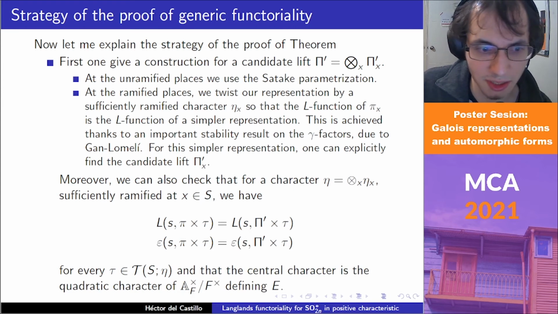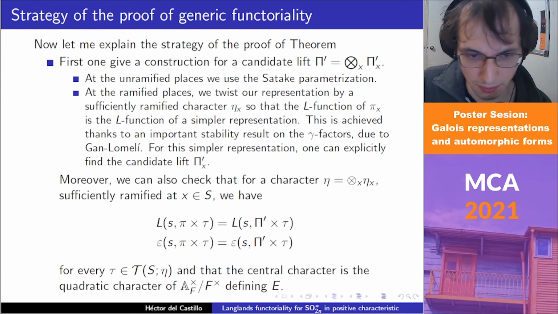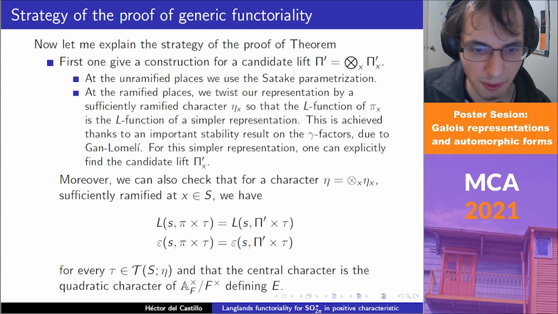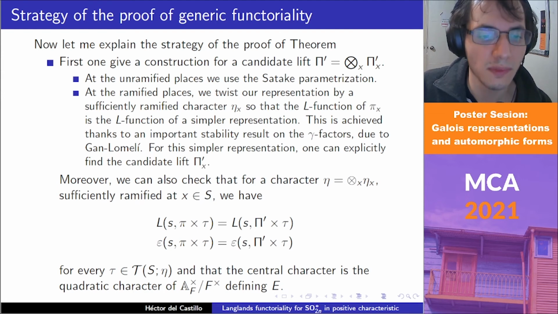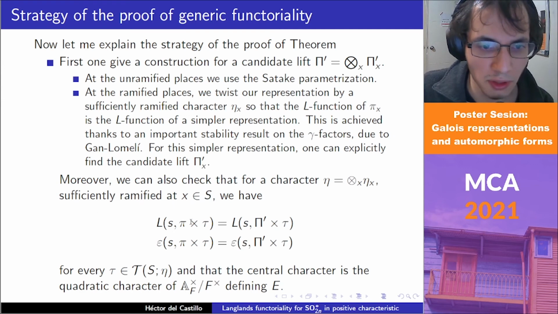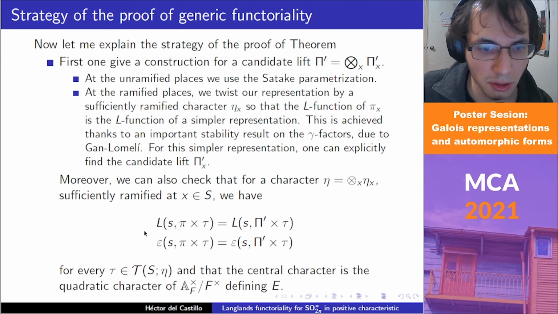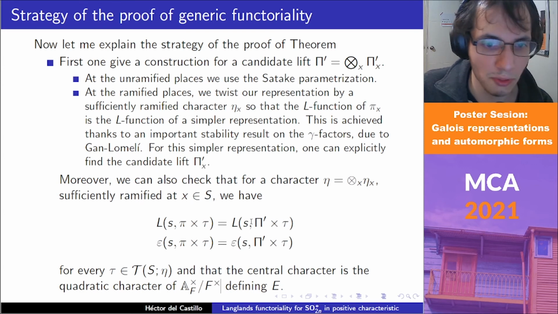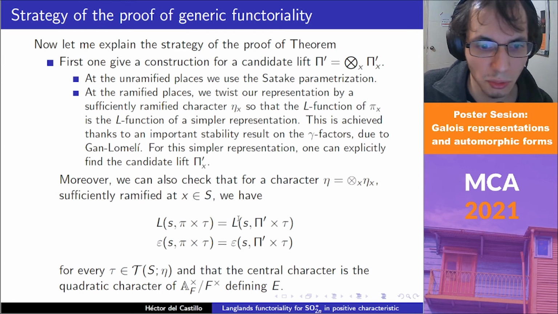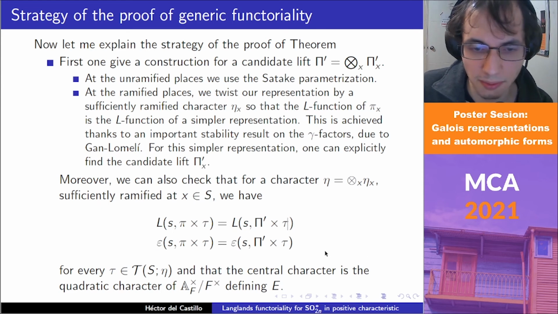And that also the central character is the quadratic character of the ideles defining E. Okay, so with these two properties we have the condition that the central character is trivial on the invertible elements of F, and also, thanks to the Langlands-Shahidi method, the property of the functional equation of the L functions. So what we are left to check is the polynomial condition on these L functions. And for that, one uses a further property of the Langlands-Shahidi method to obtain it.